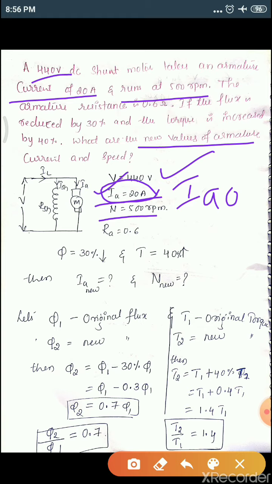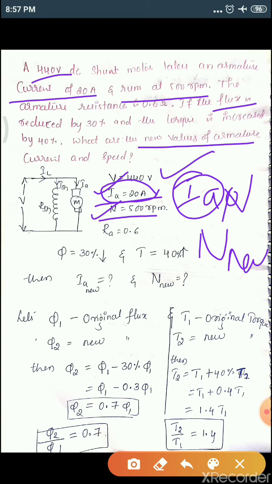Armature current they have given, speed also they have given. Now they have asked us to calculate the new armature current and new speed when the flux is reduced by 30% and torque is increased by 40%. Observe the question carefully and then start solving the numerical.